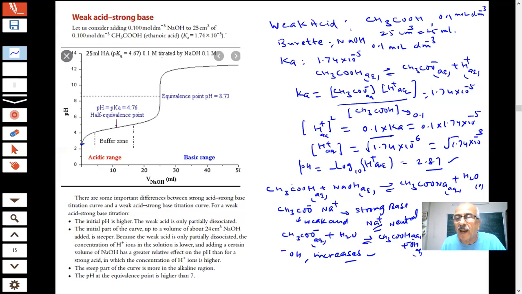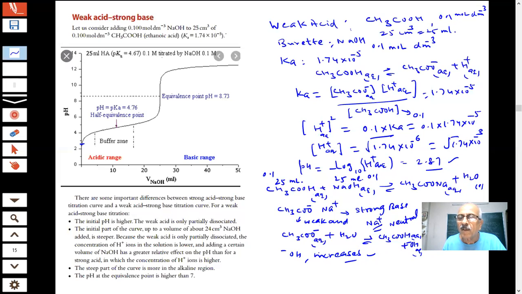If this is 25 milliliter and this is 25 milliliter, both 0.1, and equal moles are present, then this is the reaction which I have shown.